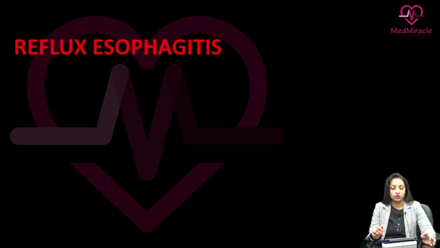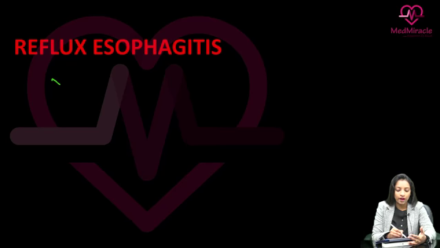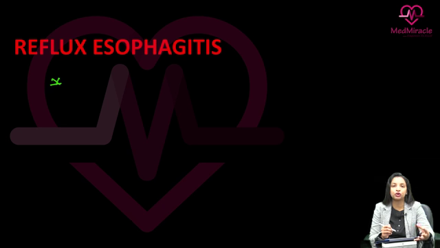Reflux esophagitis. So what is reflux esophagitis? Whenever there is a reflux, that is a backflow of the gastric acidic contents, it can lead to damage of the esophageal mucosa. This is called reflux esophagitis. So why does it occur? Because of decrease in the relaxation of the lower esophageal sphincter.